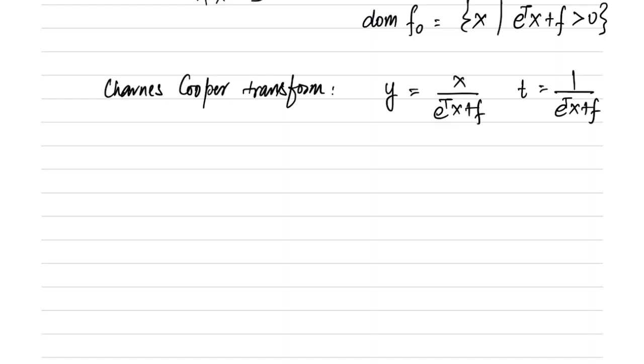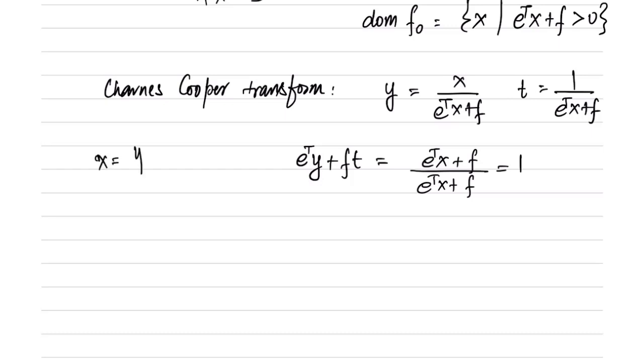Observe that in both of these cases you can conclude that e transpose y plus f t is equal to e transpose x plus f divided by e transpose x plus f, which is equal to 1. So e transpose y plus f t is equal to 1. Also observe that x is equal to y divided by t. So if we make this change of variables and obtain some y star, t star, we can recover x by this method, y divided by t.